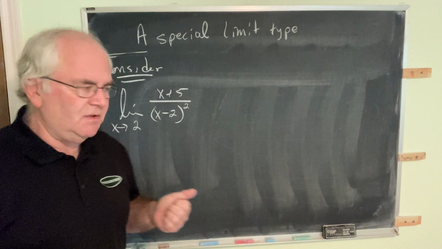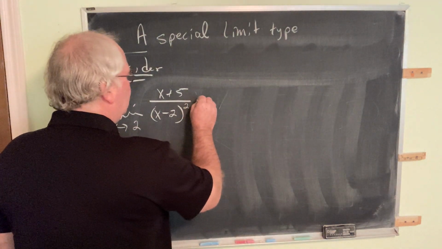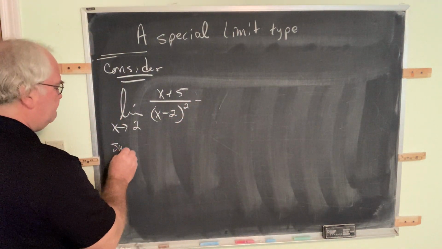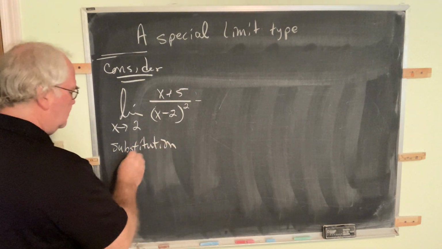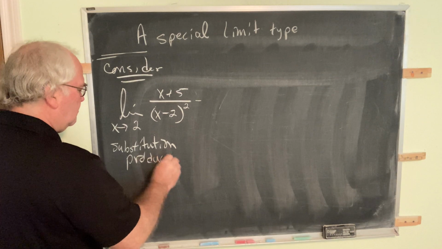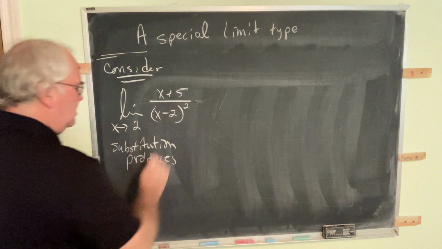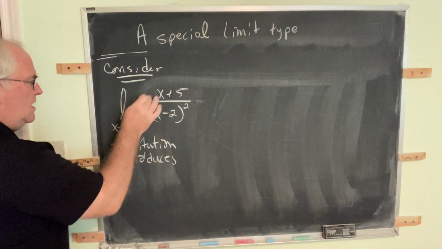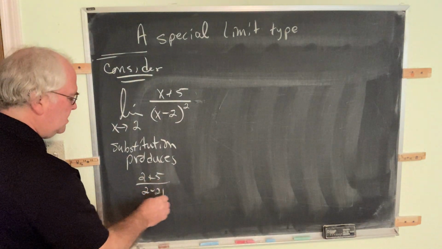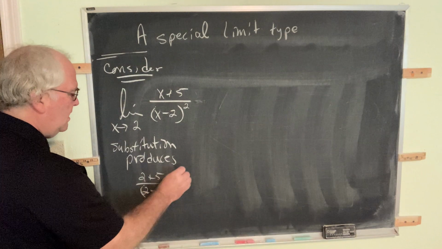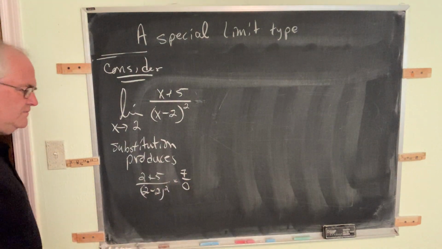First thing you try, substitute, simplify. So if we try substitute simplify, substitution produces 2 plus 5 over 2 minus 2 quantity squared. That's 7 over 0.